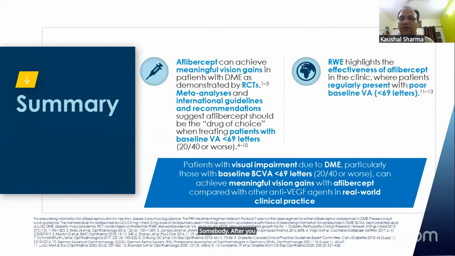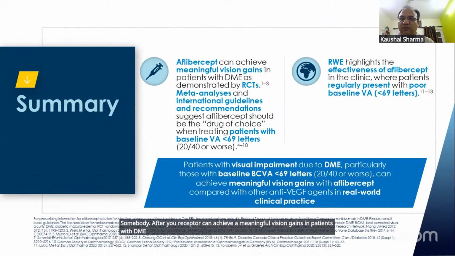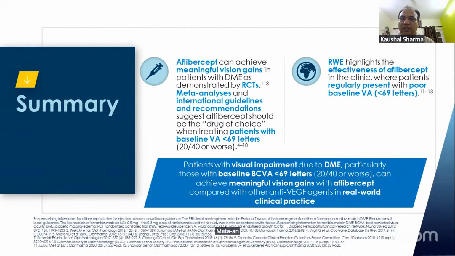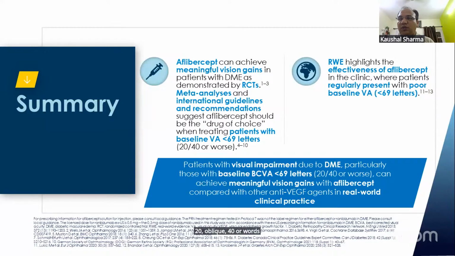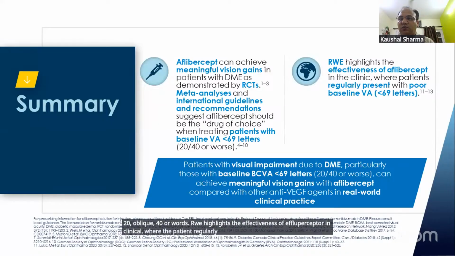Aflibercept can achieve meaningful vision gains in patients with DME as demonstrated by the RCTs. Meta-analyses and international guidelines and recommendations suggest aflibercept should be the drug of choice when treating patients with baseline visual acuity less than 69 letters, 20/40 or worse. RWE highlights the effectiveness of aflibercept in clinical practice, where patients regularly present with poor baseline visual acuity less than 69 letters.